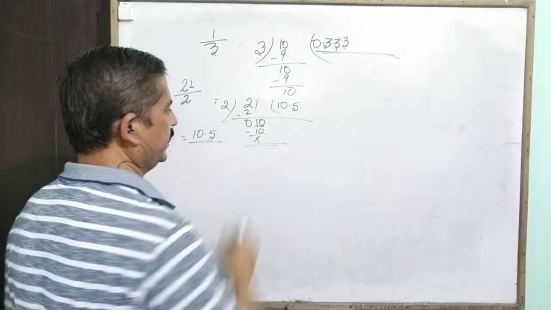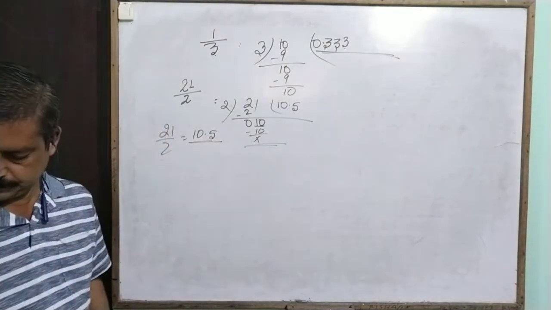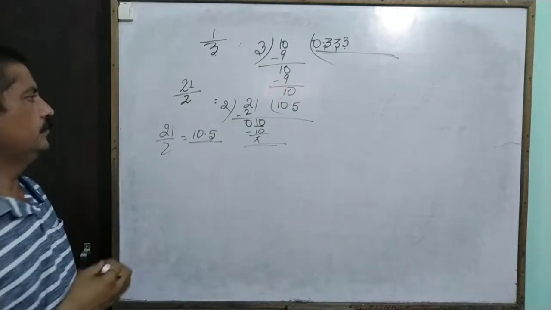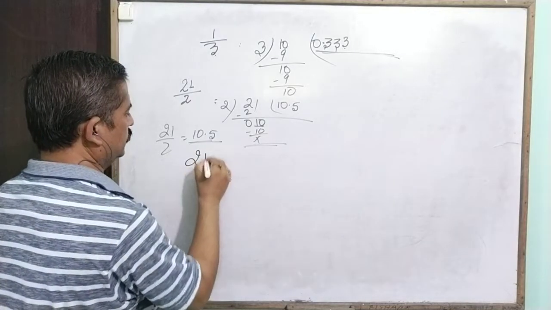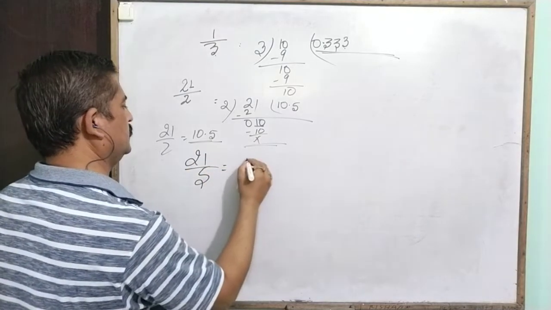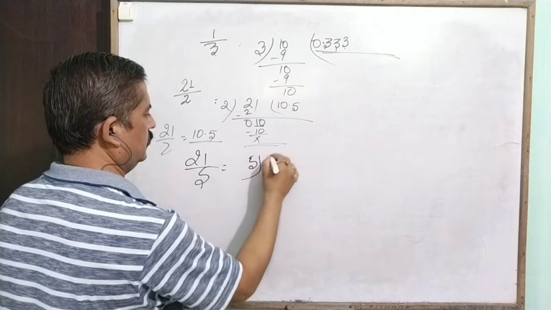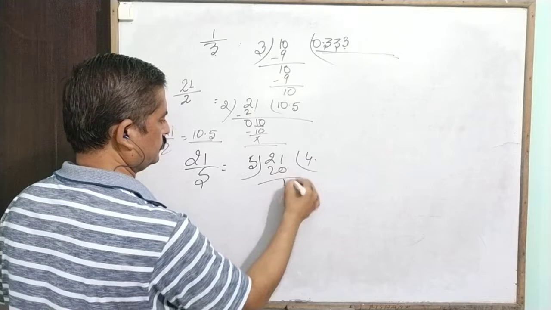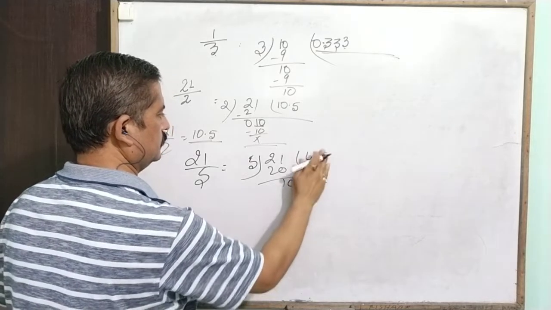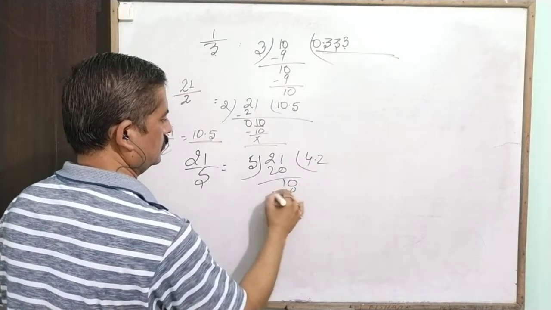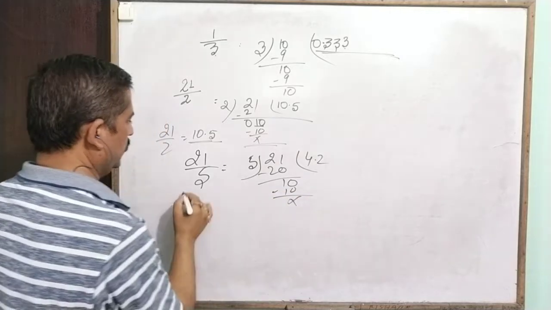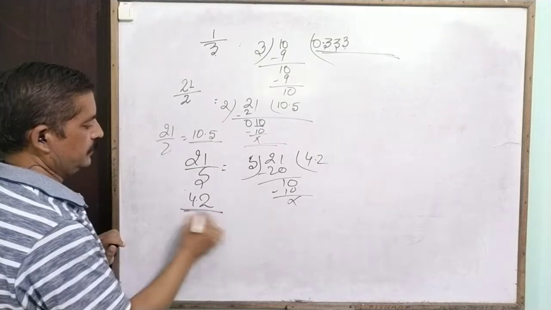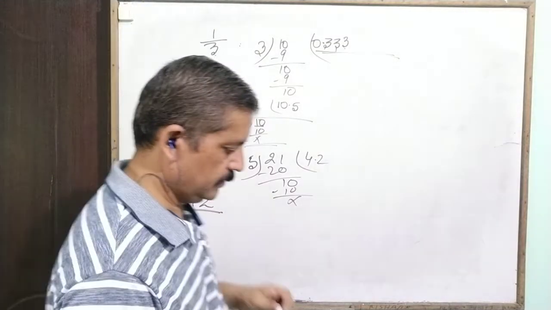That is a terminating decimal. One more example, 21 divided by 5, we also get 4.2, which is a terminating decimal.